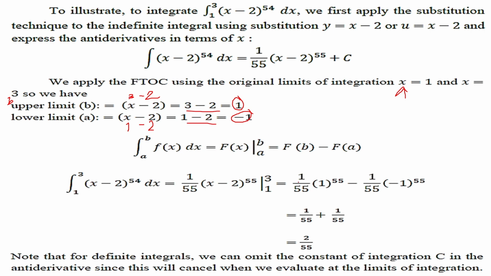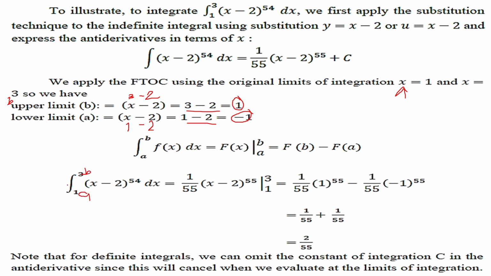Our formula: the definite integral from a to b of f of x dx is equal to the antiderivative of f of x from a to b, which is equal to F of b minus F of a. As you can see, we already have our b and a.